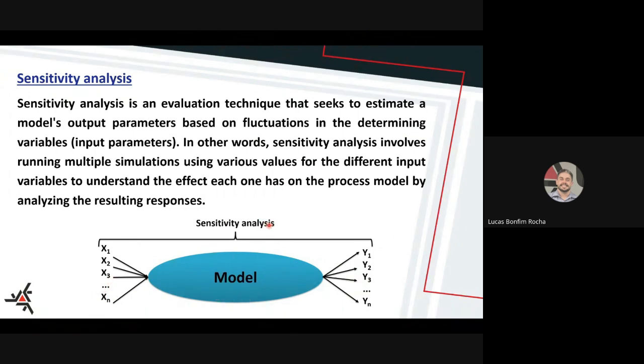So the sensitivity analysis tries to vary some variable here, trying to understand the effect of this variable on other output variables, in the exit or in the response of our model. So for example, instead of carrying out many simulations, we can just specify the variation for the input variable, and it will automatically calculate all cases for the variations of our input variable.